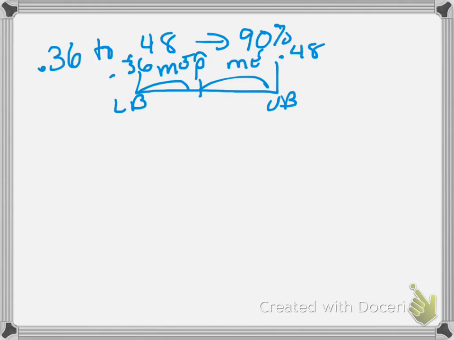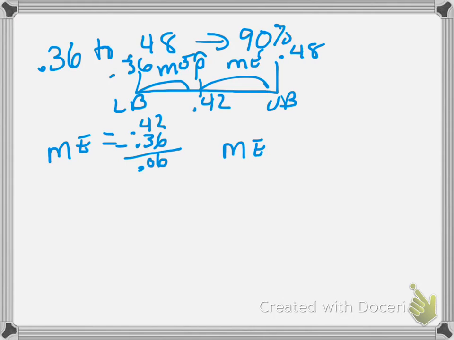Okay, so what I'm going to do is find p hat. So I'm going to take 0.48 plus 0.36 divided by 2, and I get 0.42. So to find my margin of error, it's 0.42 minus 0.36, which is 0.06. And we know that margin of error is equal to my critical value times my standard error of p hat.